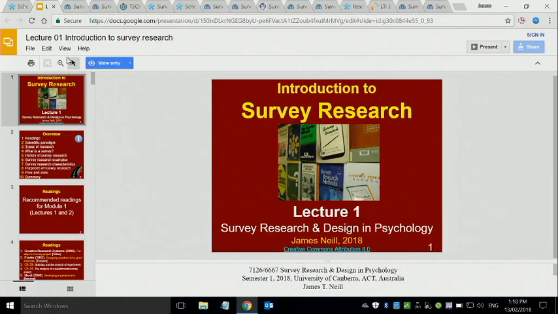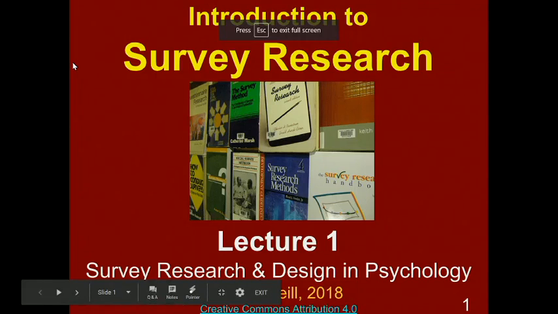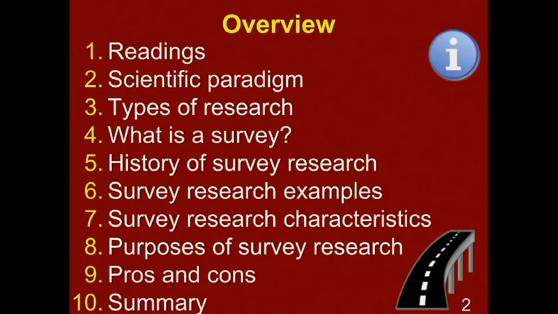Okay, so having said all of that, let's have a look at this intro to survey research. So I'll direct you to the readings. The scientific paradigm, we'll touch on that. What types of research are there?